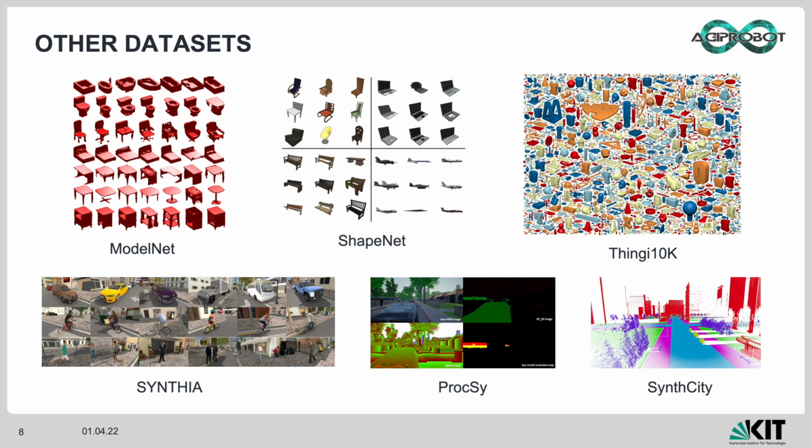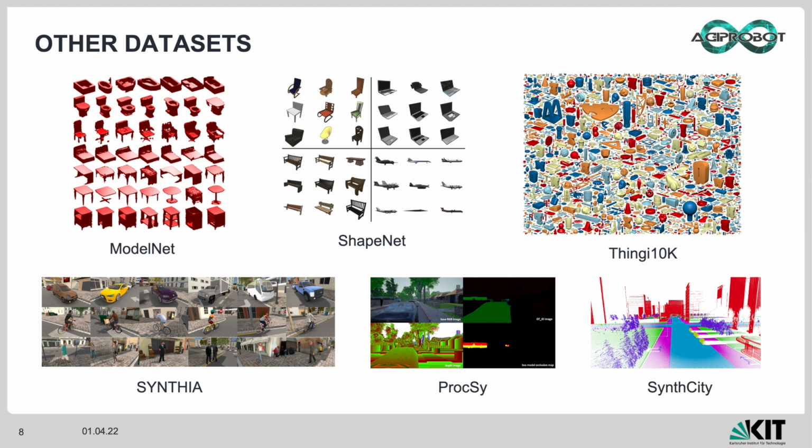By utilizing Thingiverse, Thingi10K provides a large dataset of 3D printing models. More recently, the ABC dataset collects over 1 million CAD models. Regarding 3D themes, SYNTHIA and Proxy consider urban themes, and each provides a dataset for semantic segmentation in these environments.